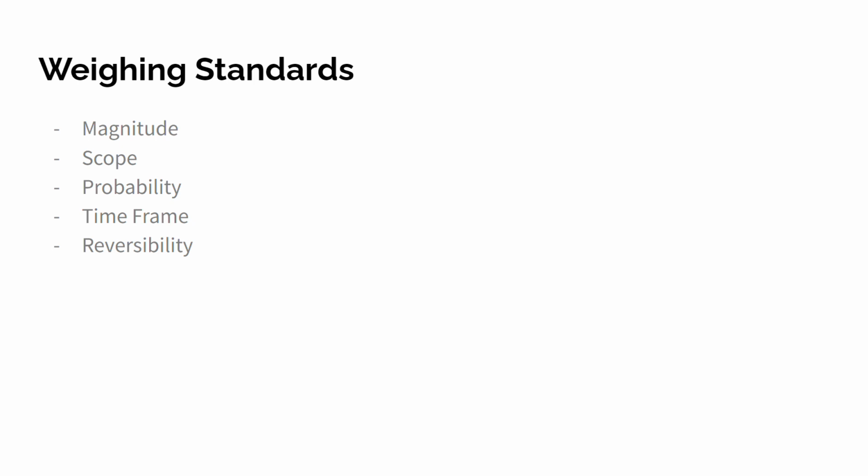The last metric here is reversibility, which is basically how reversible an impact is. Two impacts we can look at are getting a disease versus a nuclear war, right? With disease, if someone catches a cold, that's reversible. You can get better, right? There's a good chance that you will recover after getting the common cold.